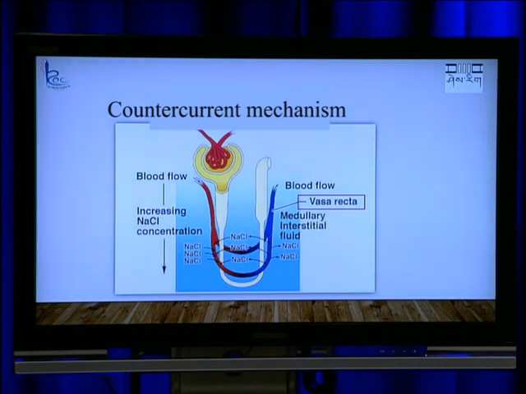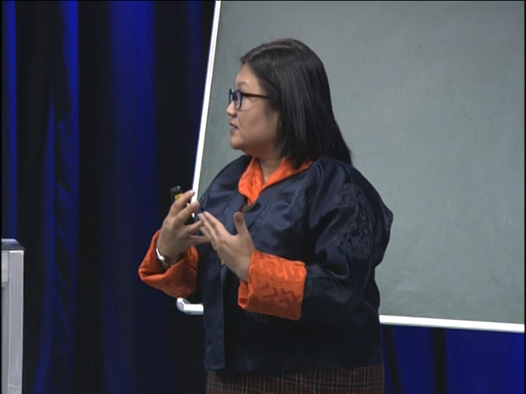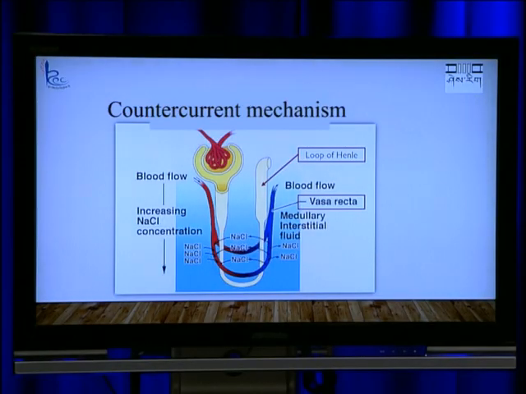Similarly, in the vasa recta also, the blood flows in two opposite directions. Because of this, what happens? There is a process by which a lot of movement of ions takes place between the blood, the fluid that is produced as glomerular filtrate, and the medullary region.